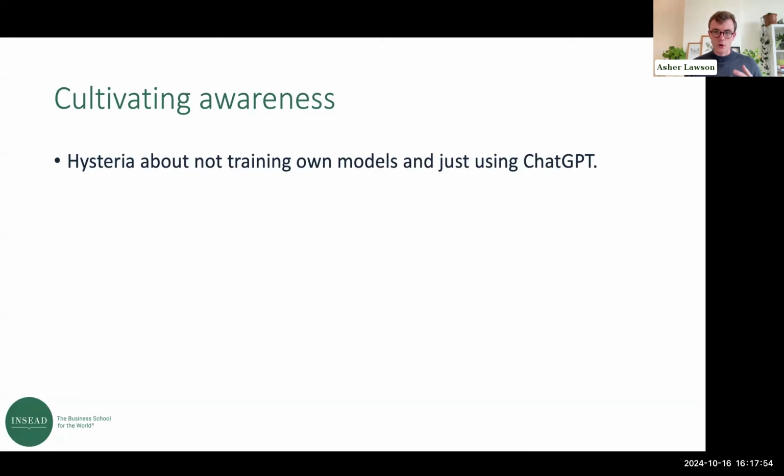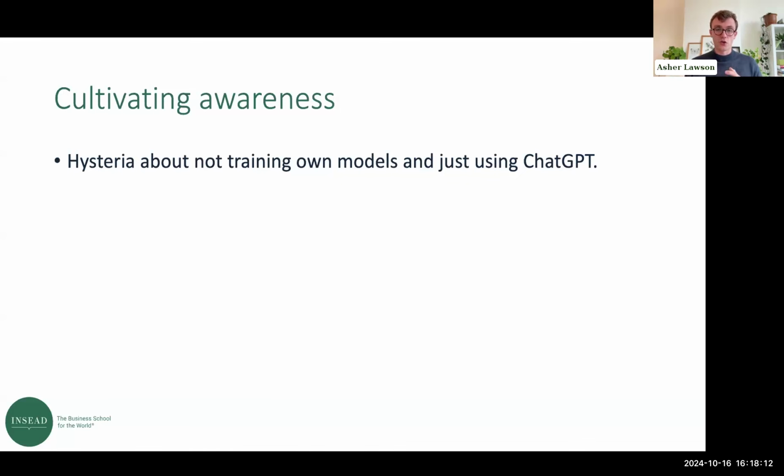Because these foundational models, things like GPT-4, are just incredible in terms of their performance on many tasks. Which means trying to start from scratch and build your own thing is not only very costly in terms of training and time and so on, but it might just be ineffective in terms of your solution.